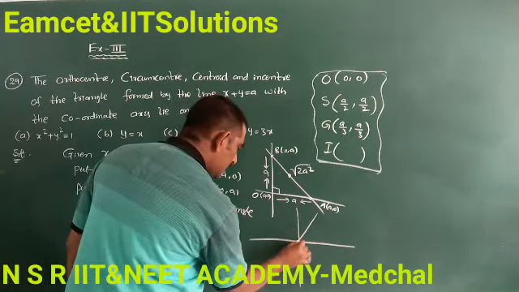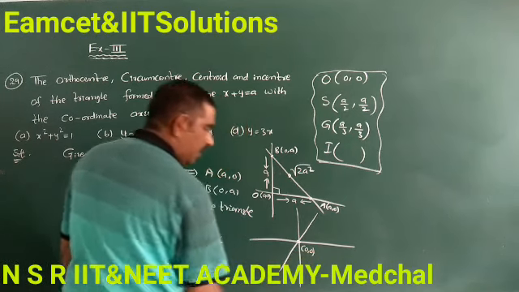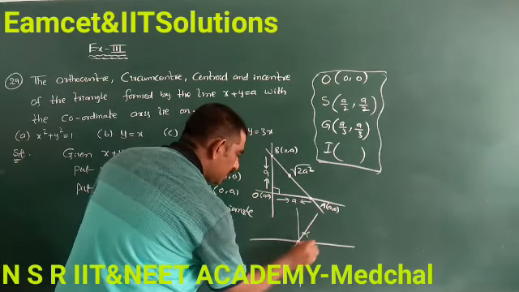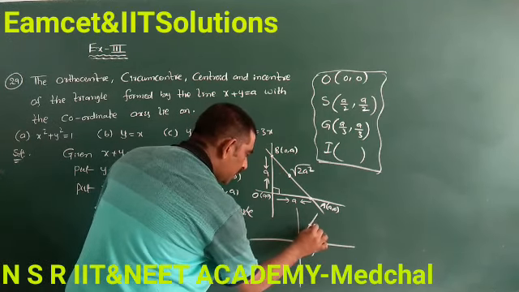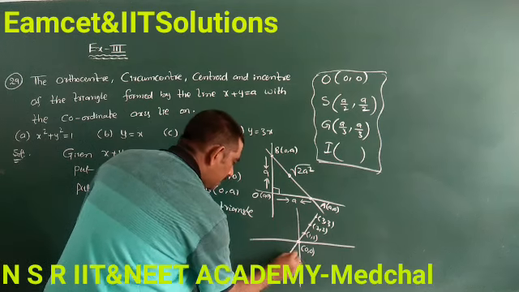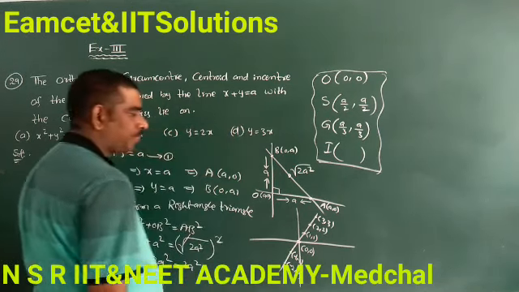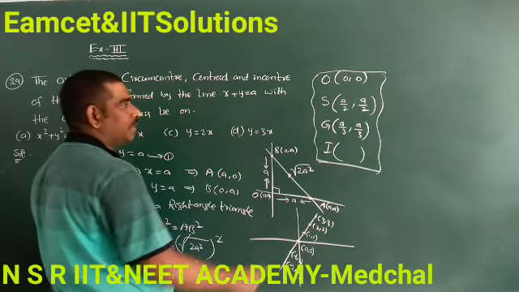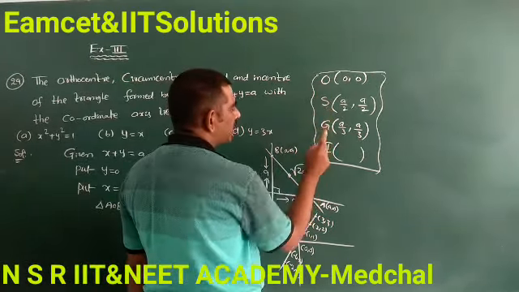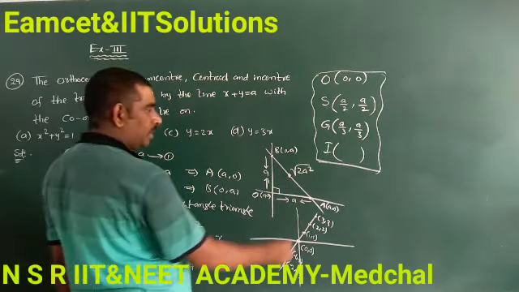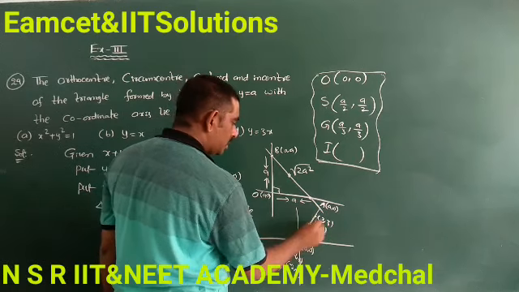So if x and y coordinates are equal, then that point lies on a line through the origin. Why? Because infinite points lie on this line. Those points are (0, 0), (1, 1), (2, 2), (3, 3), and (minus 1, minus 1), (minus 2, minus 2), like that. So all points have equal x and y coordinates. So orthocenter, centroid, circumcenter, all have equal x and y coordinates, so those points pass through this line.